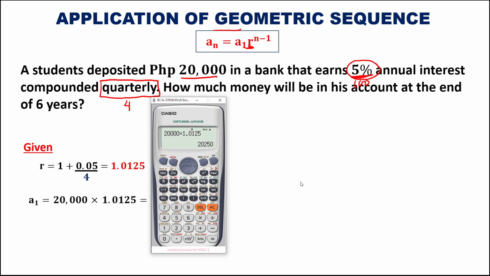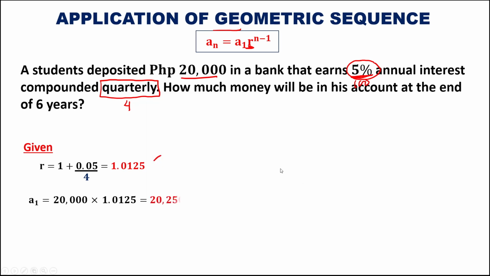So this is equal to 20,250. Then for n, so this one is the number of years. So since 6 years, so n equals 6. Then since compounded quarterly, so times 4. So n equals 24. Then from this, we can solve now this problem.